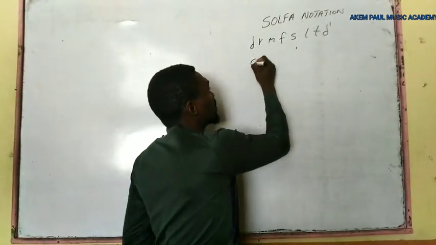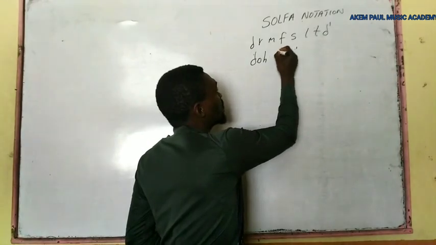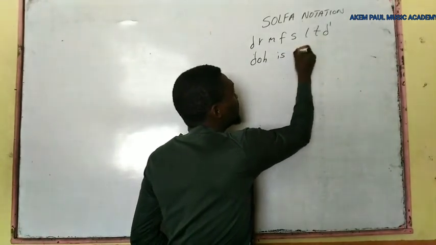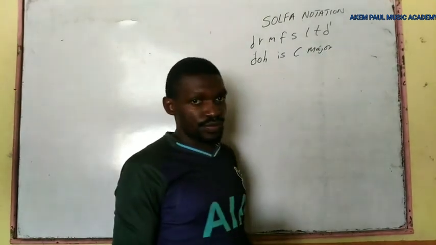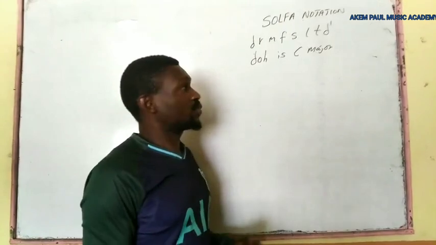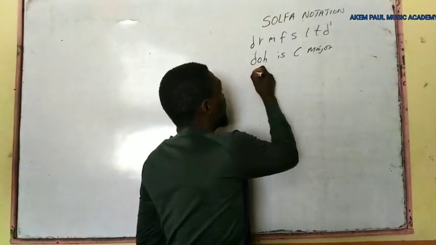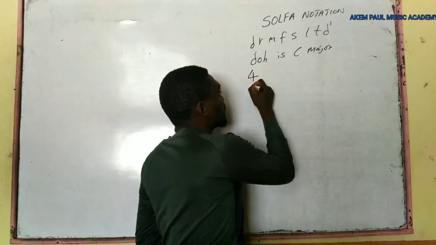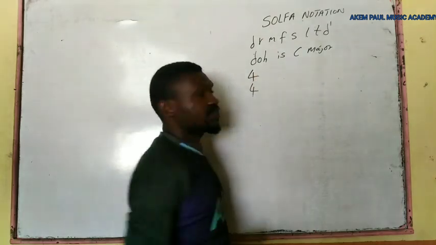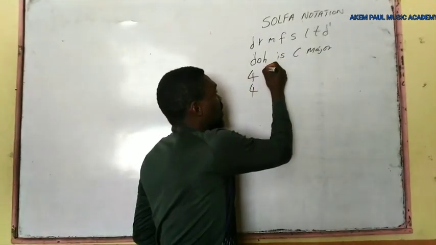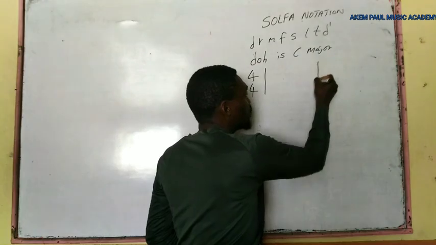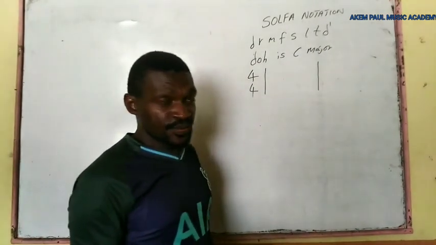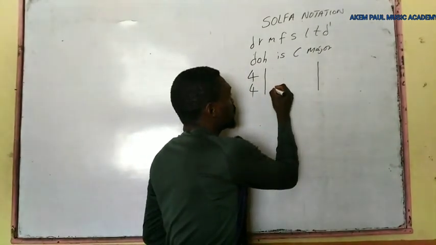So you see something like Do is C major. Then you come to this side and write something like this, 4/4. I'm going to use only one bar for the purpose of this class. And then I have a musical note written like this.